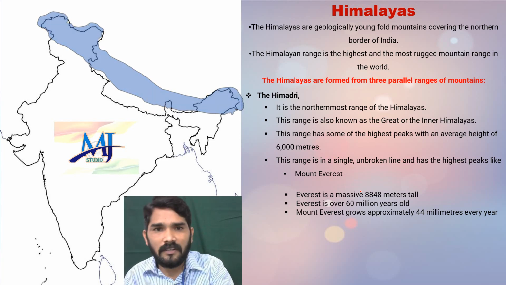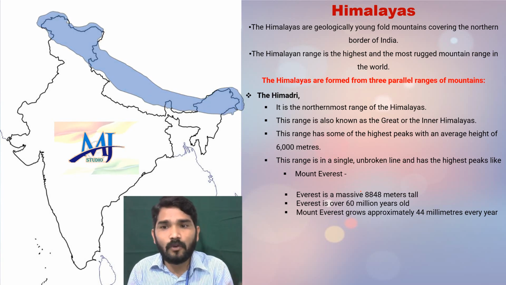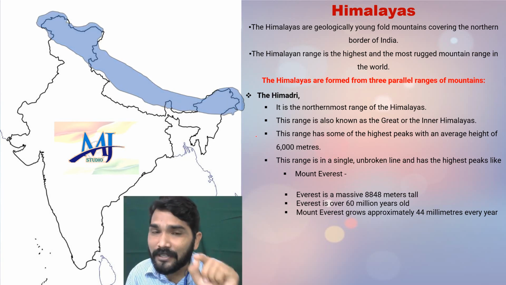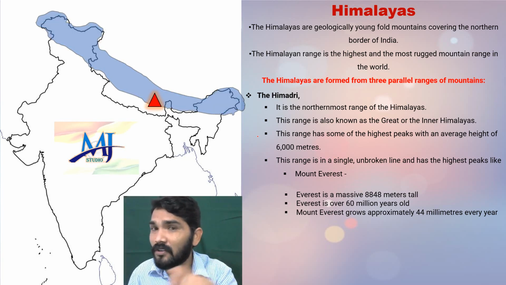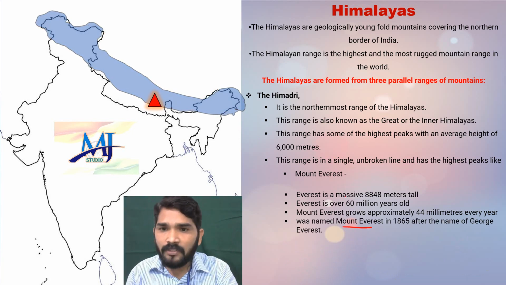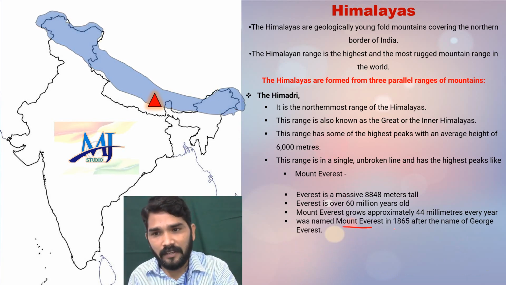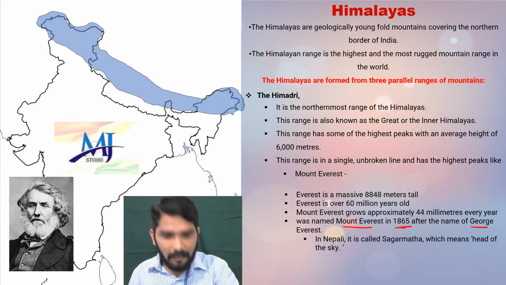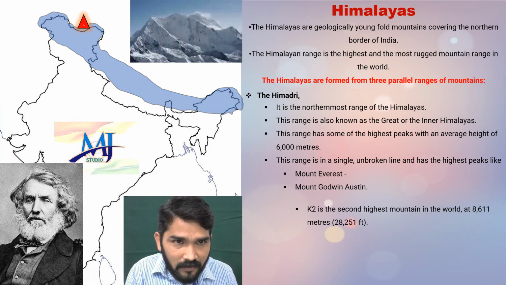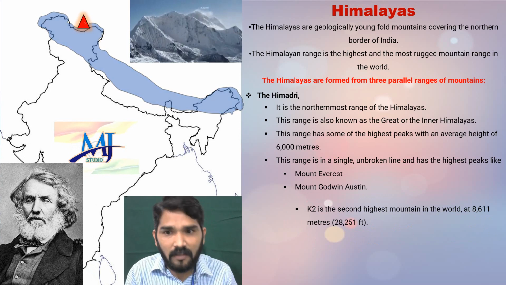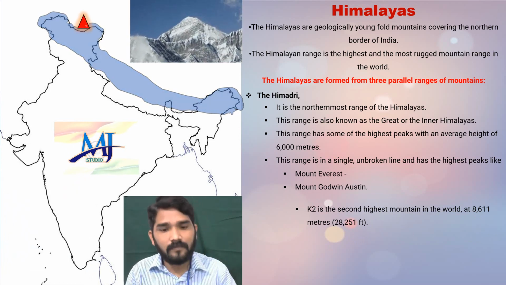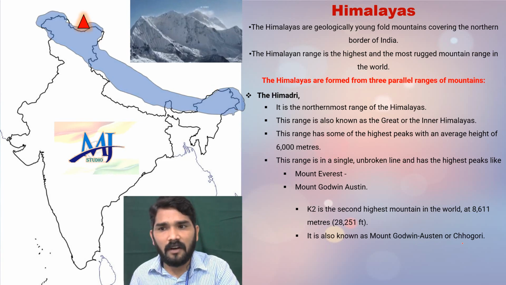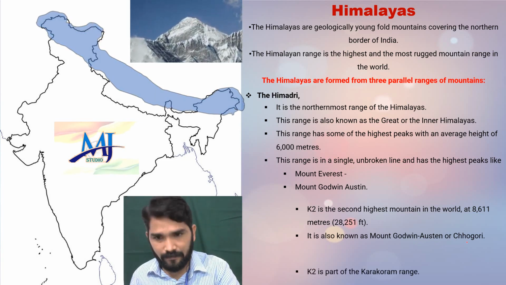It is said that Mount Everest grows approximately 44 millimeters every year, just millimeters, not centimeters. Mount Everest was named in the year 1865 after George Everest. In this area lies Mount Godwin Austen, also called Chokori.